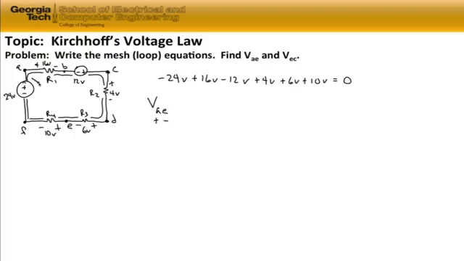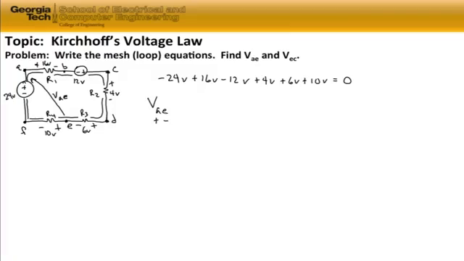This is what we're looking for, the voltage from A to E. It's called VAE. We designate that with an arrow, with the head of the arrow on the positive A node and the tail of the arrow on the negative E node.